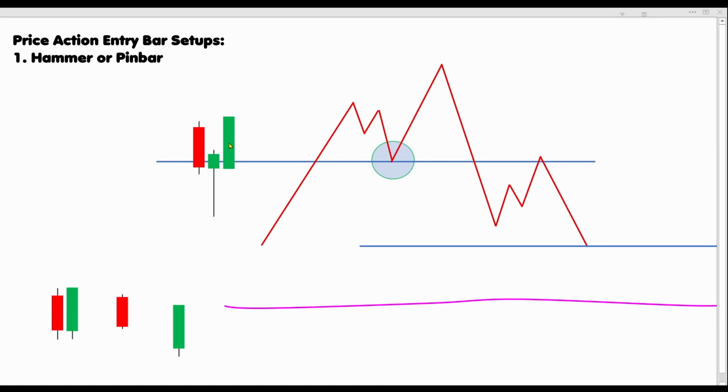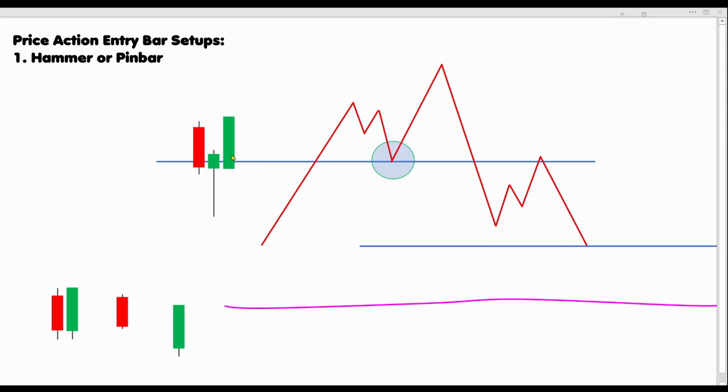And I usually prefer to use the stop limit orders and not the stop market, because sometimes due to slippage I might actually get filled a few ticks higher up. So I like to get filled here, so I usually use the stop limit orders.